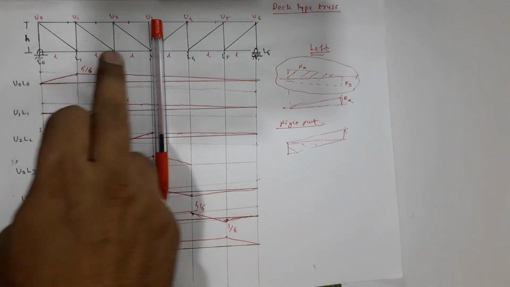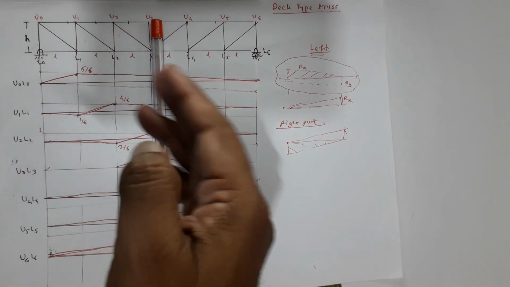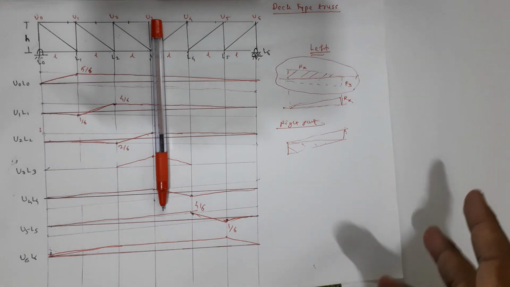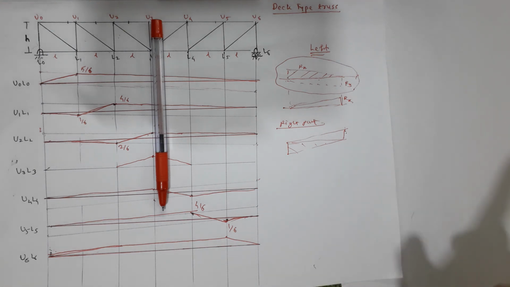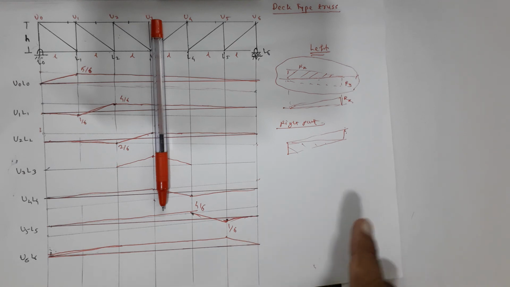So for all the vertical members in the right part, except the right hand extreme member, the rest carry compression initially, and thereafter it changes to tension, provided the load is moving from the left end to the right end.